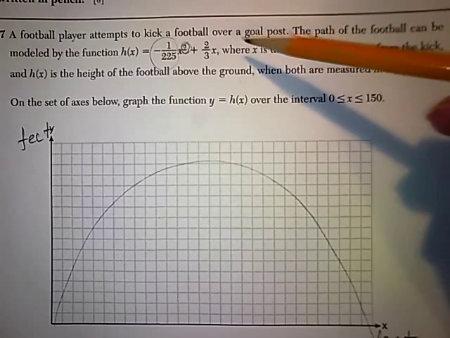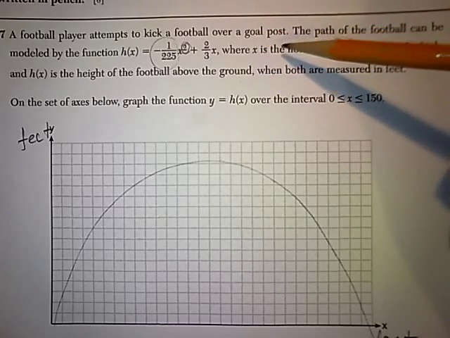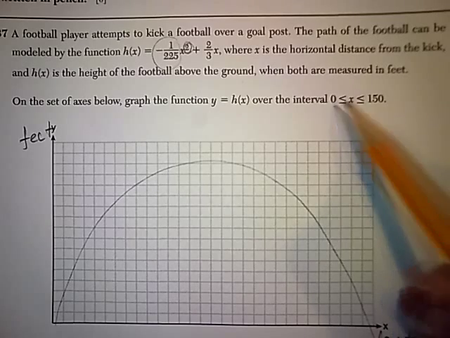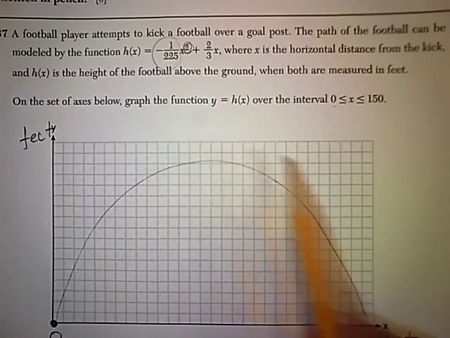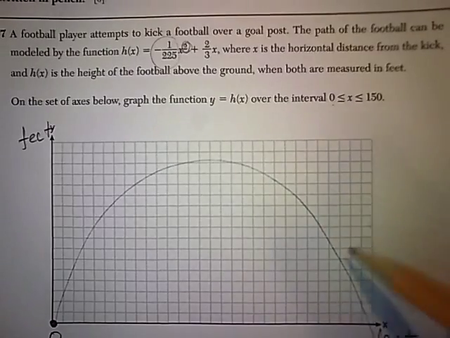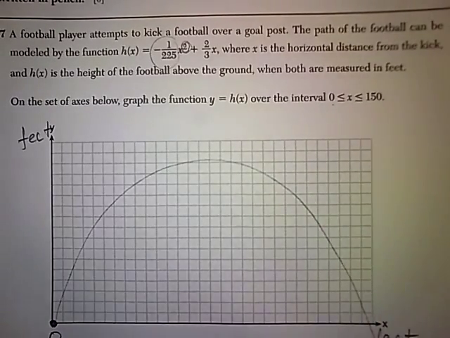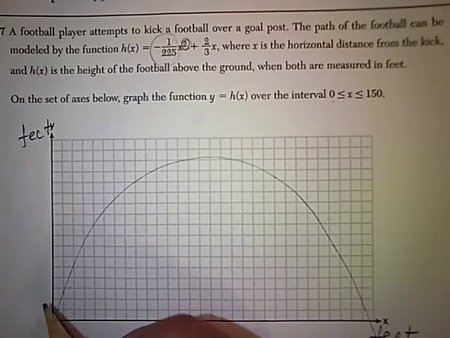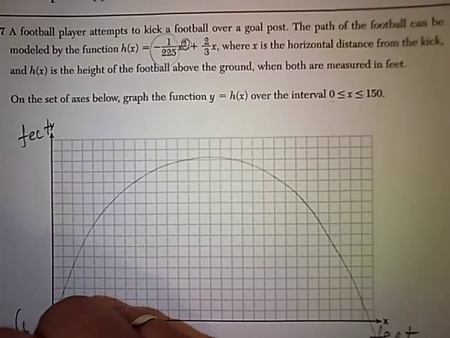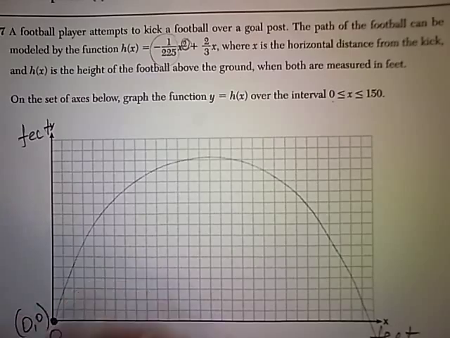So let's see what scale we can use on the x-axis. Your x is between 0 and 150. Let's say the ball starts from here and it goes all the way to that point. So let's make sure that we start with 0, and the coordinates of this point are 0, 0.